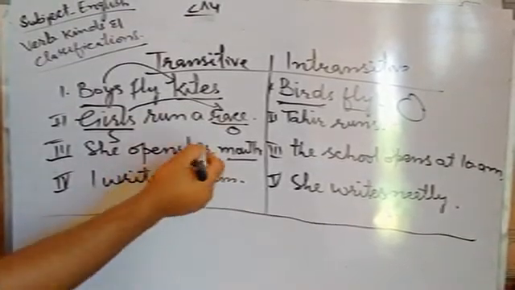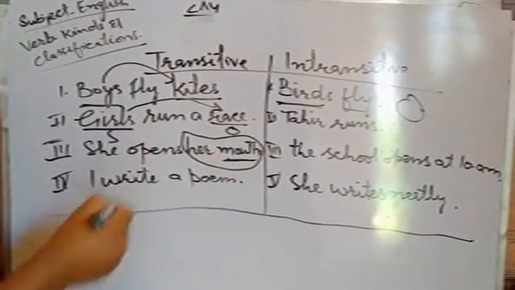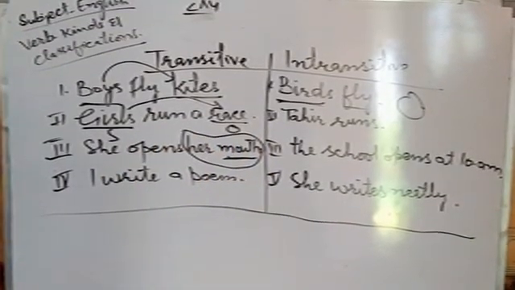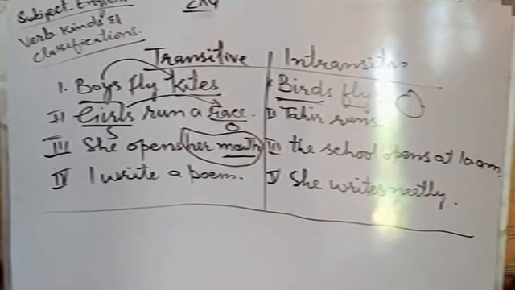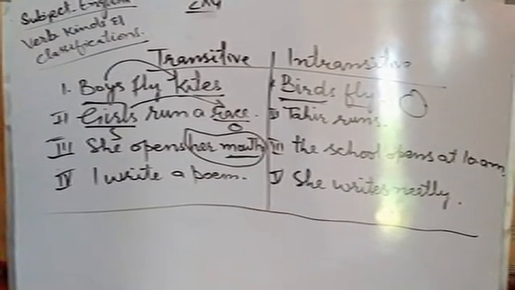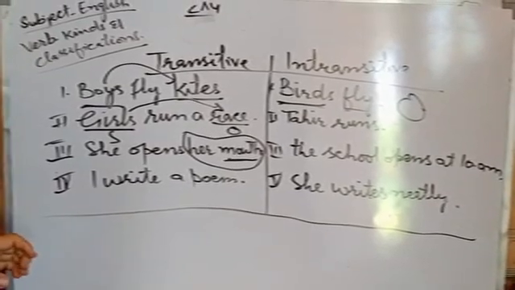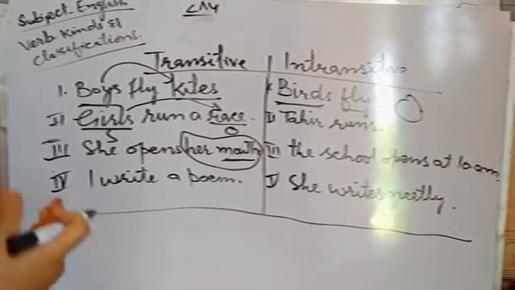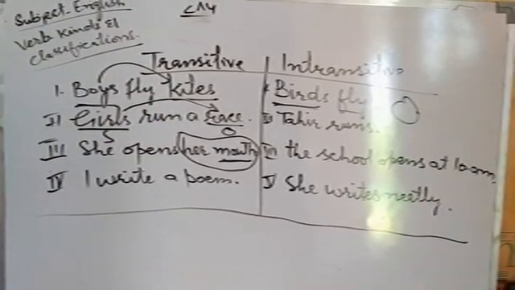If we cut this portion of the sentence, it will give us meaning but not a complete meaning. In a transitive sentence, if the object is not given, then we will remain in the dark. We will not get the full meaning. But in an intransitive sentence, we need not objects.